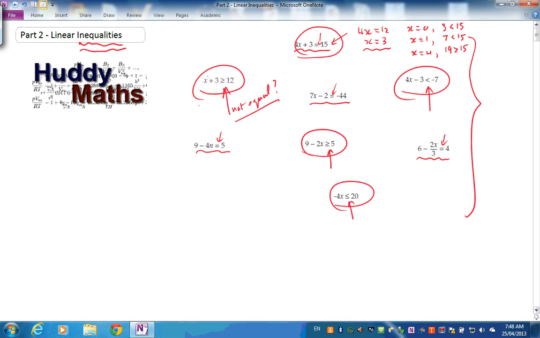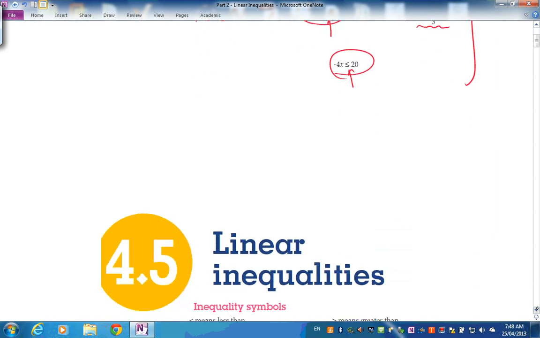So we do need some symbols to indicate what all the other x values that don't make the equation equal are like. Are they going to give answers bigger or less than? Let's go down and have a look at a system that handles that.